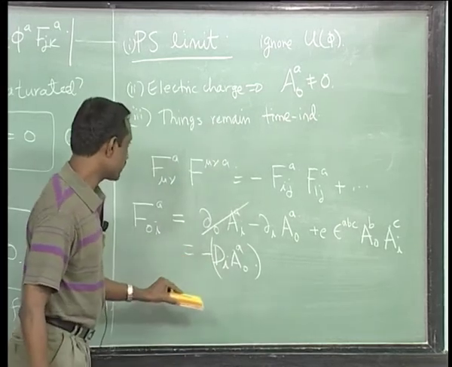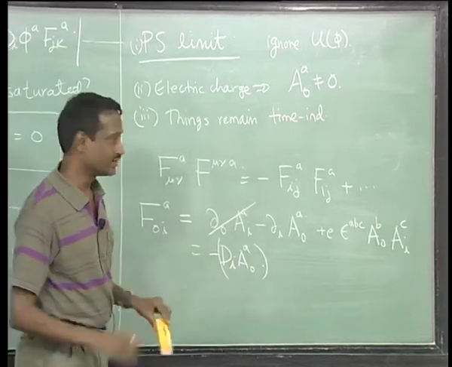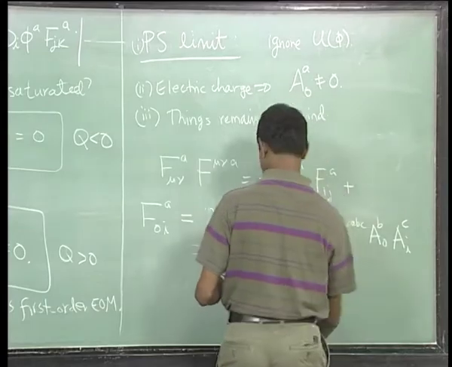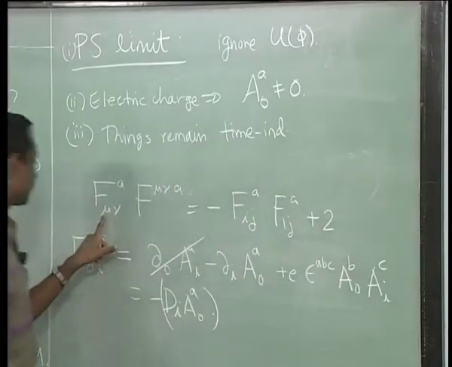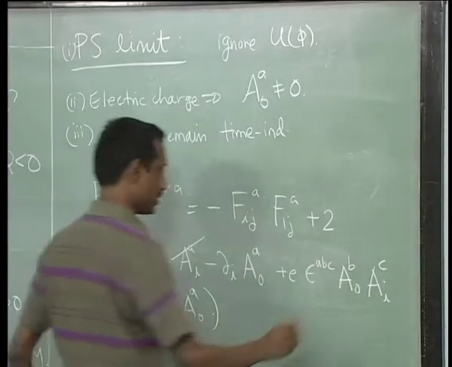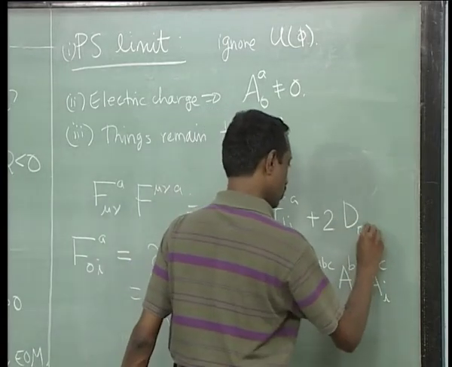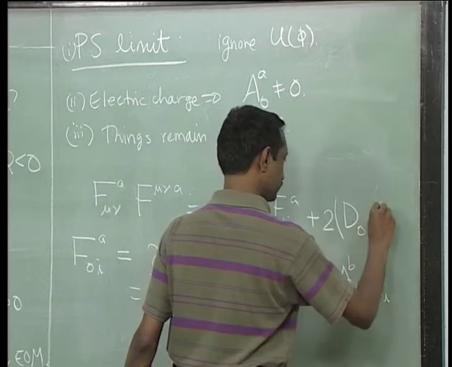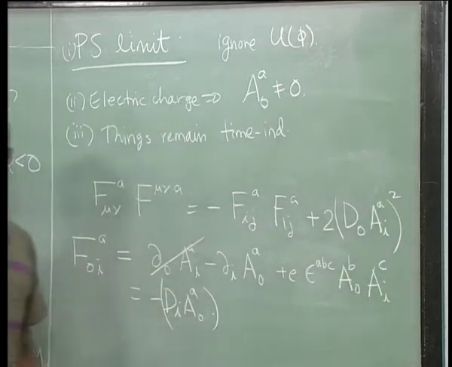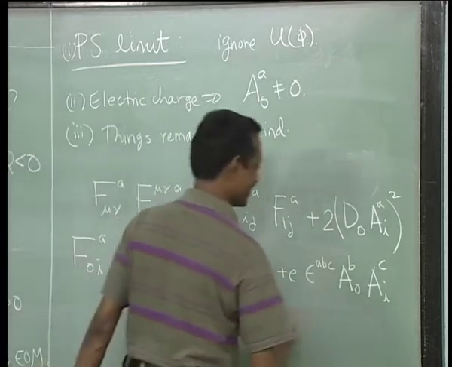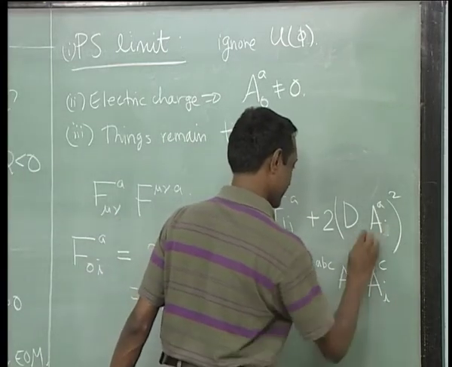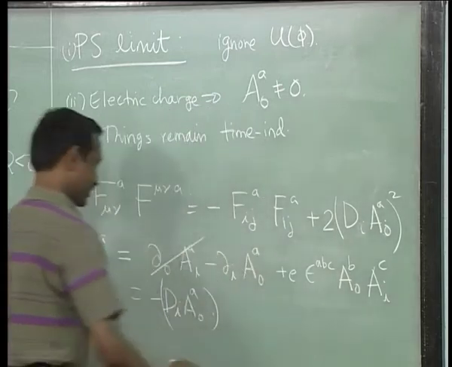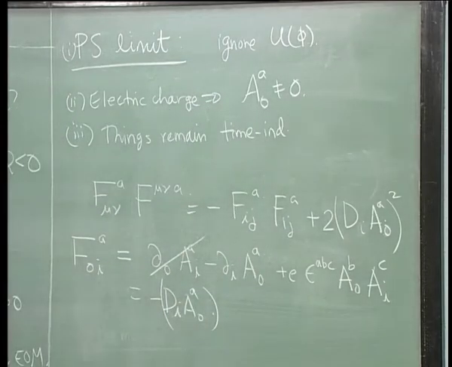Now I can write out what I get here. There will be a 2 coming because it could be 0i. So I get 2 times d_i of A0 whole square. Now let us look at what that does.